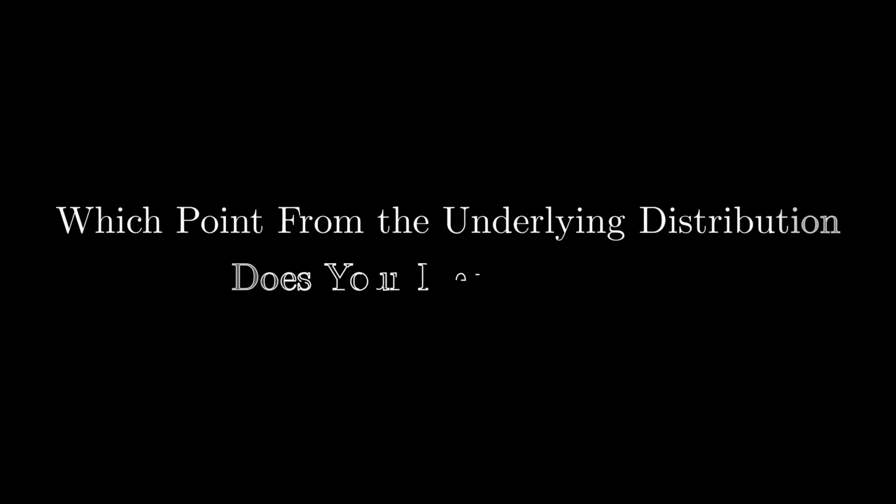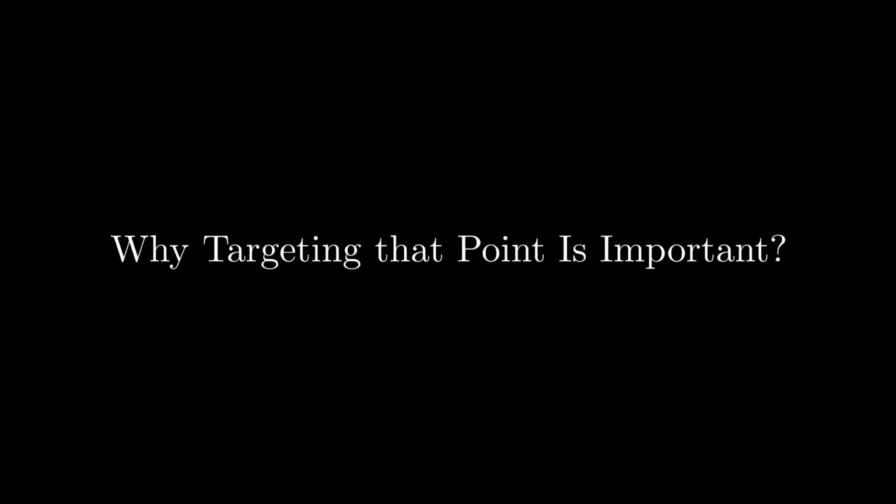Having said all this, the first takeaway lesson is that if you are using a metric other than the established ones, such as mean absolute error or mean squared error, make sure, or at the very least try, to understand which point from the underlying distribution that has given the data that you have the metric is targeting, and why targeting that point would be useful.